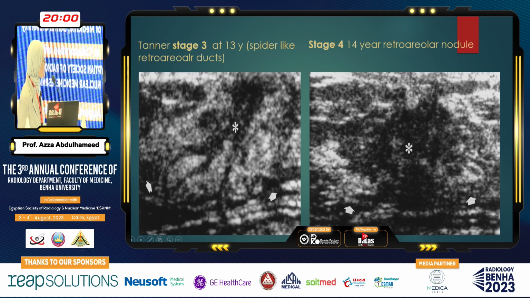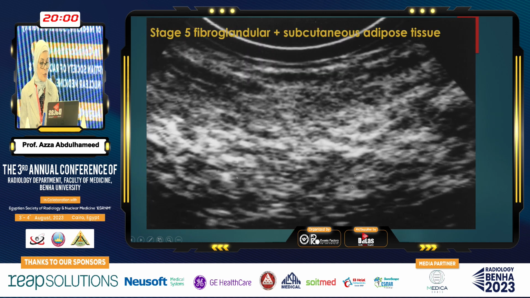In stage 3, you start to see this spider-leg appearance representing early formation of the duct system. By age 14 years, we reach stage 4, where you can see this large retroareolar glandular tissue. At stage 5, this is the adult breast.